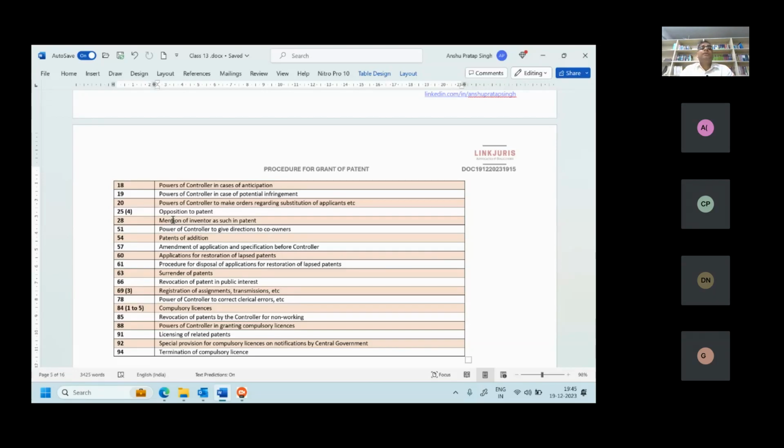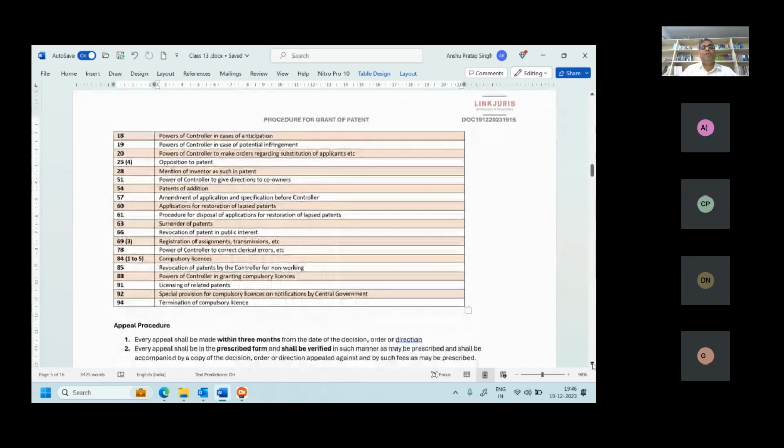Within 80, this series starts from 85, 85, 88, 91, 94. And only two are the exceptions. One is 84, another is 92. Okay. So you can use this for just remembering the sections and appealable orders.